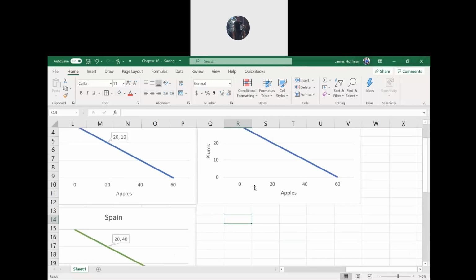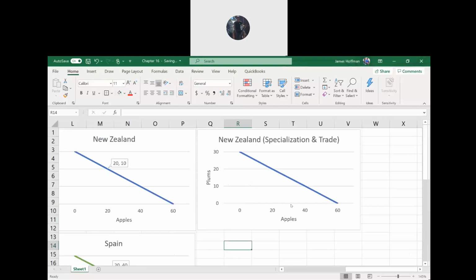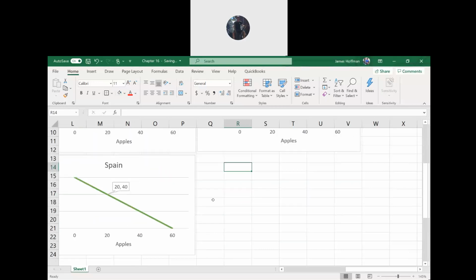And then the specialization good should be the same axes because they can't initially gain any more without the trade. And then let's do the same for Spain.